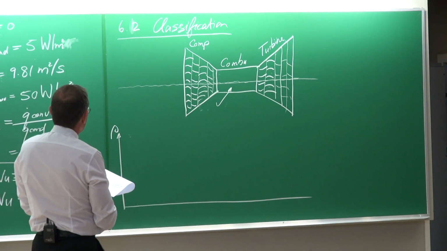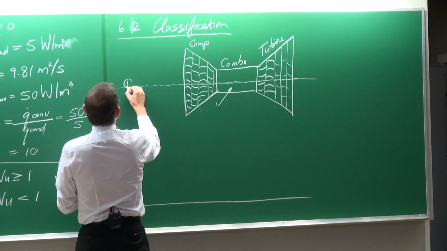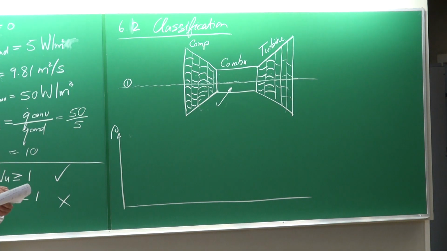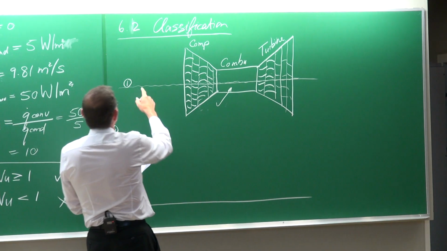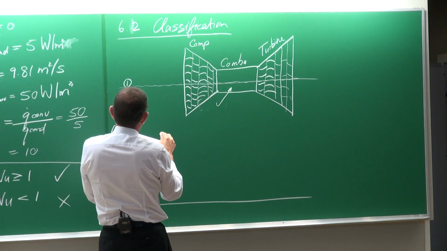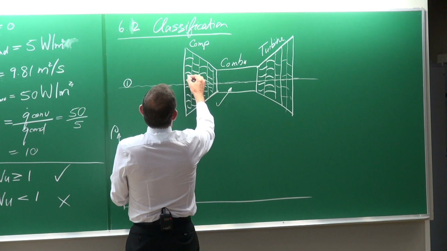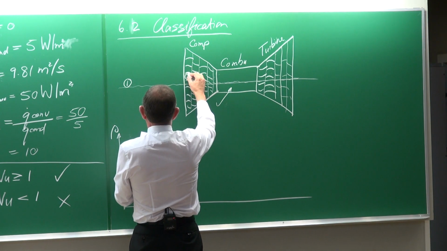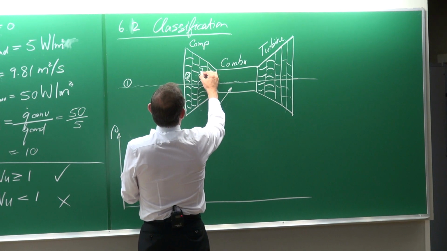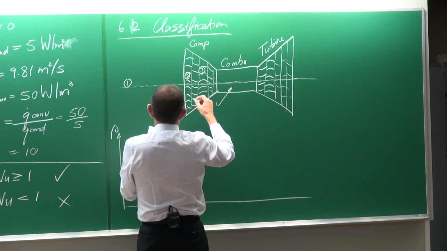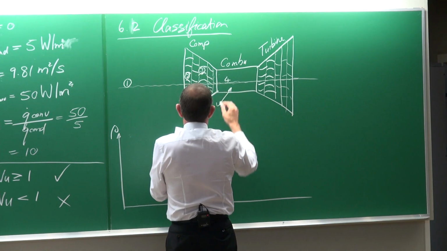Okay. And this fly can actually measure the density and or pressures at different places. So before the turbine is equal to 1, and then here there's going to be position 2, there's going to be position 3, and there is position 4, etc.